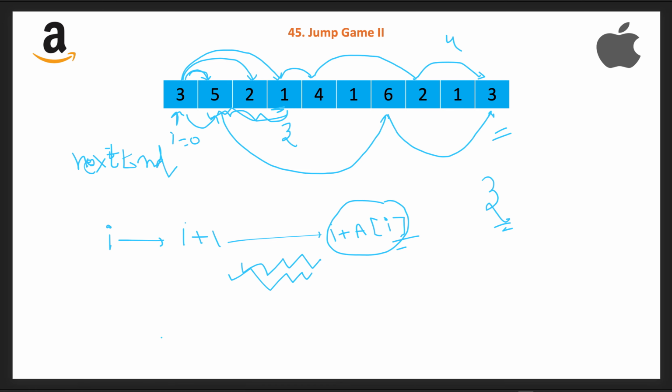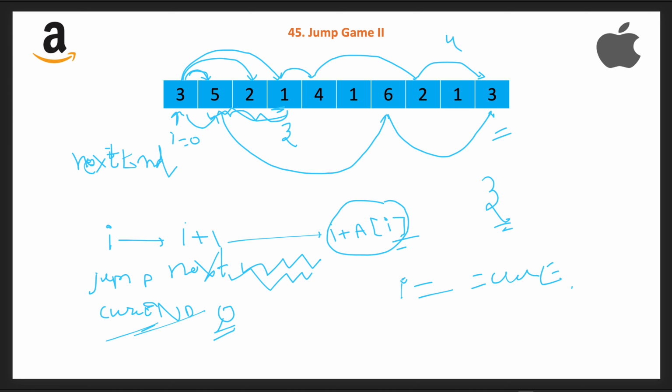So we will initialize the current end, the number of jumps, and the next end, all three set to 0. Whenever we reach the current end, which means we checked all the possibilities, if I equals current end, then we just update the jump, because we tried all possibilities.